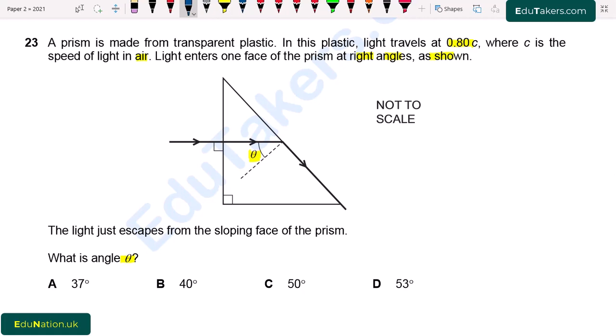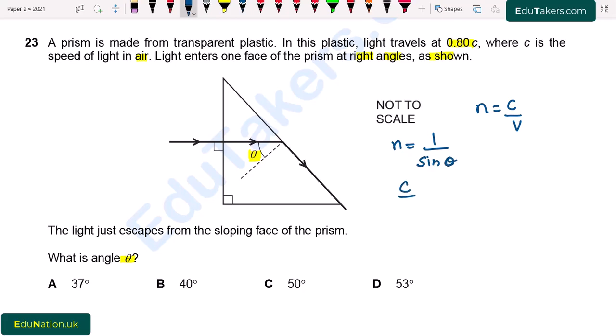So first of all, I write here refractive index is equal to 1 over sine of the critical angle. And refractive index is the ratio of speed of light in air to the speed of light in any medium. So basically here we have to find out the angle theta, which is represented by C. I can also write here theta.